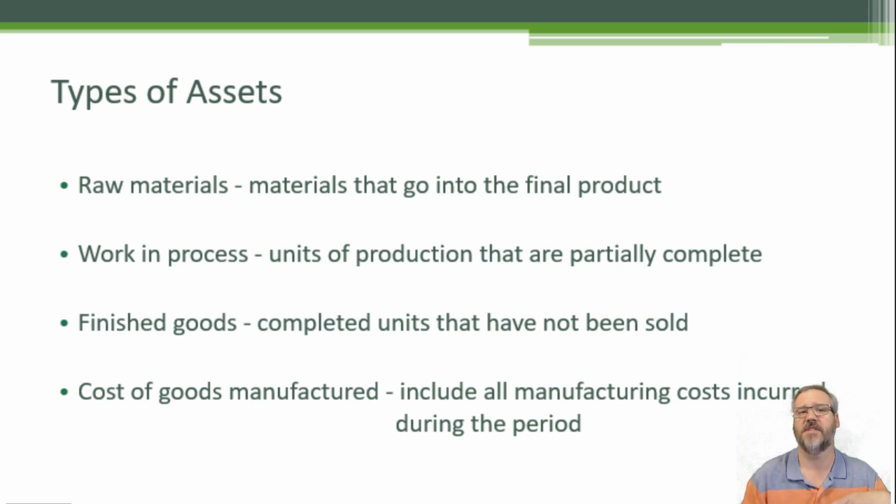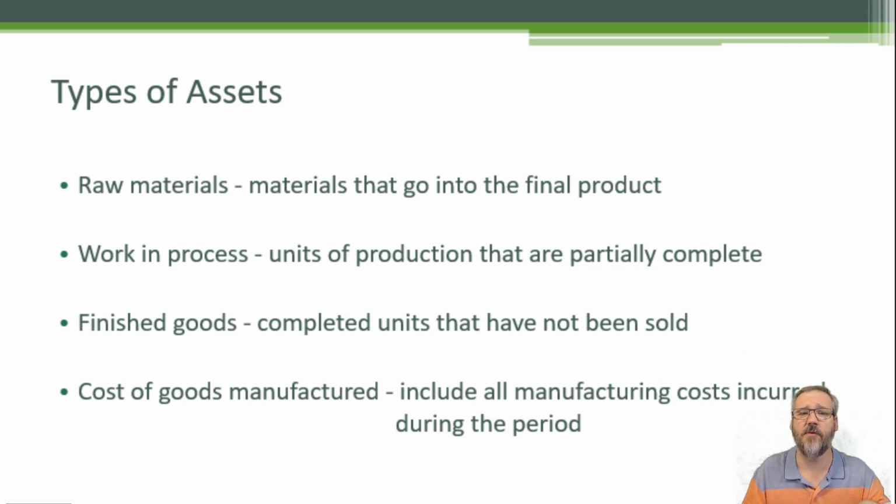We're going to take those raw materials and start adding things to them. We're going to add direct materials, other direct materials. If we're building a house, we're going to add some nails. We're going to add some direct labor, the person to hammer those nails. And we're going to combine the person and the nails and the labor of that person hammering those nails into this wood to eventually make a finished good, a finished house.